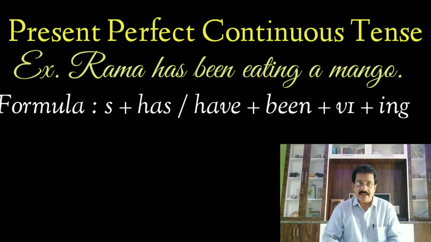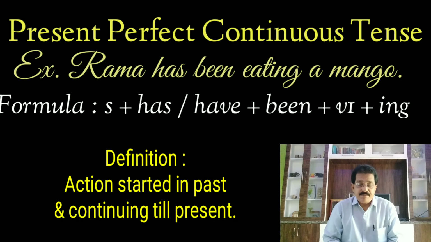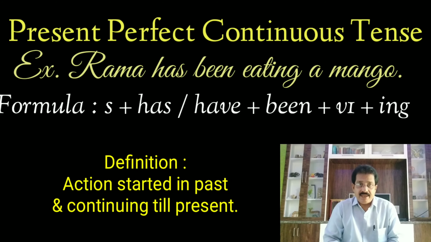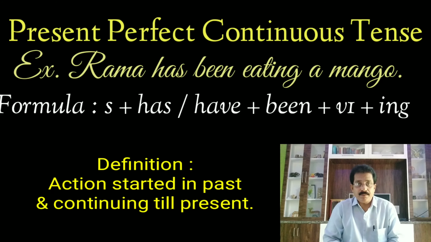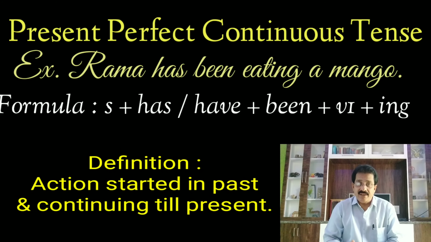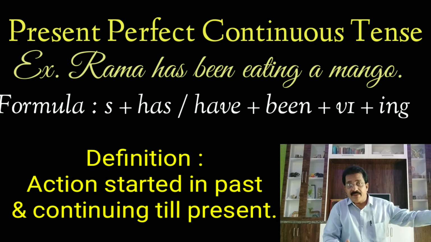The usage of has and have, we have already done it. I don't think we have to repeat it. Now, what is the usage of present perfect continuous? So when do we use it? Very simple. Present perfect continuous is used to show an action that began sometime in the past and continued, and it is continuing till the present moment.